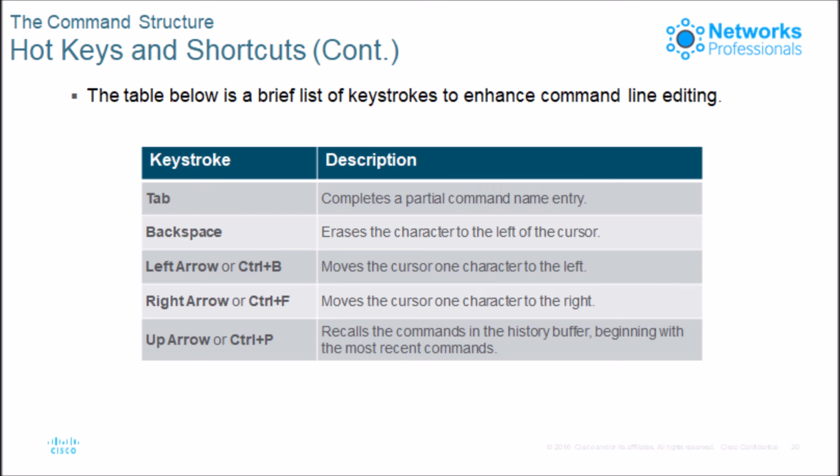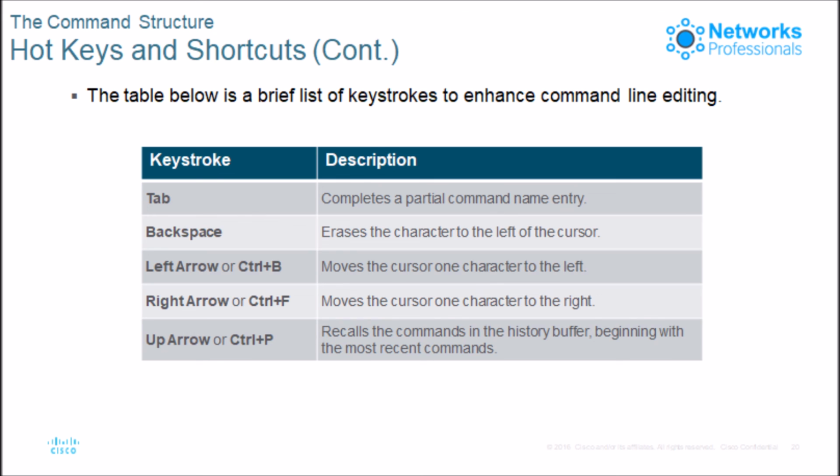The table below lists some important keystrokes that enhance your command line editing. For example, if you want to complete an abbreviated command, meaning you do not want to write the full command, or even if you do not remember the complete spelling of that command, you can just type the starting letters and use the Tab key to complete the command.